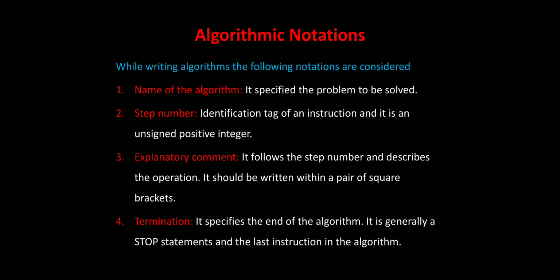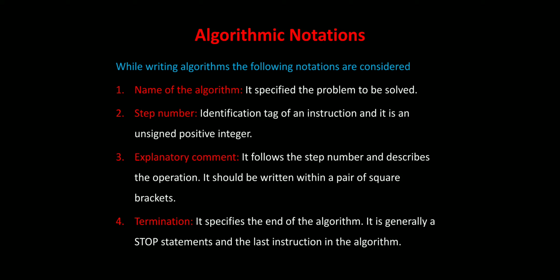Fourth one is termination. Termination is specified at the end of the algorithm. It is generally a stop statement and is the last instruction in the algorithm. With the stop statement, it ends the algorithm.